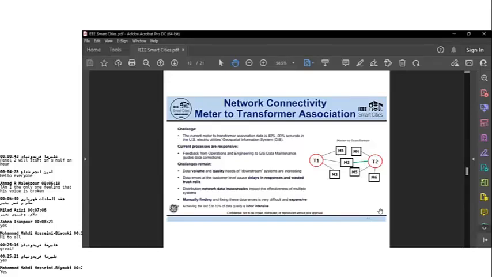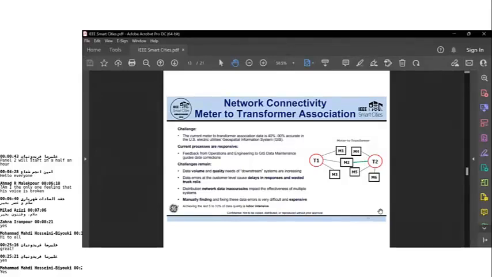And the typical process that utilities follow is that operations or engineering, through updating a device, through a new upgrade that they want to do, or even through outage management, go to the field and realize, oh, M2 should be connected to T2, and they communicate it back to their data maintenance department.